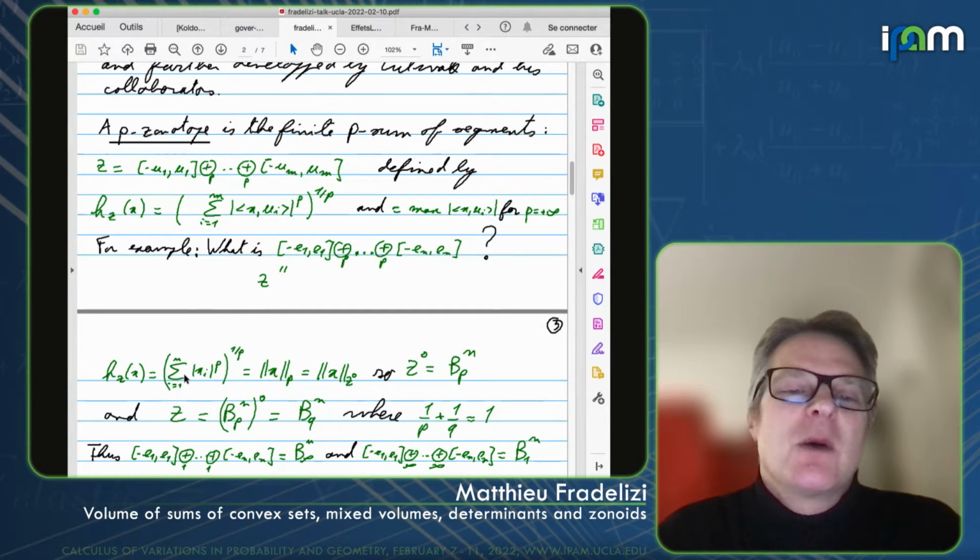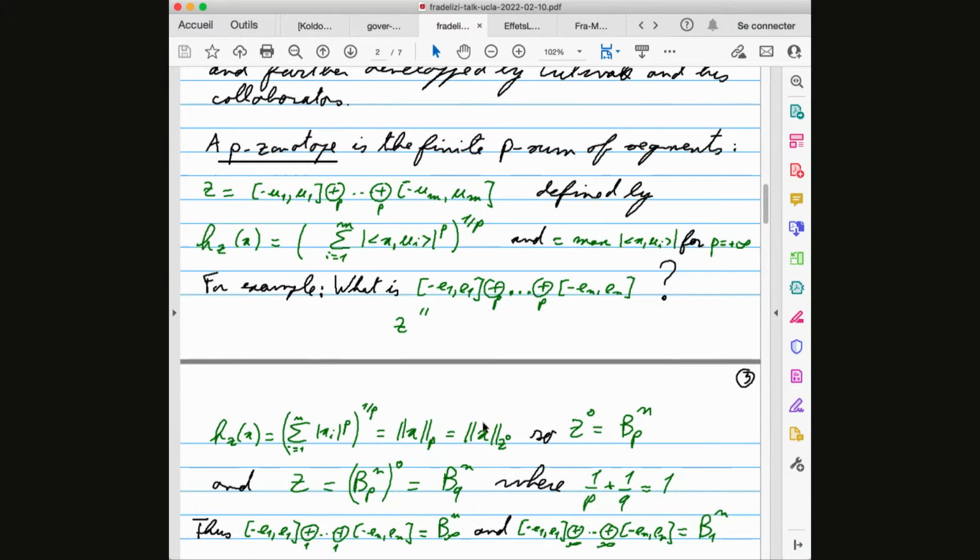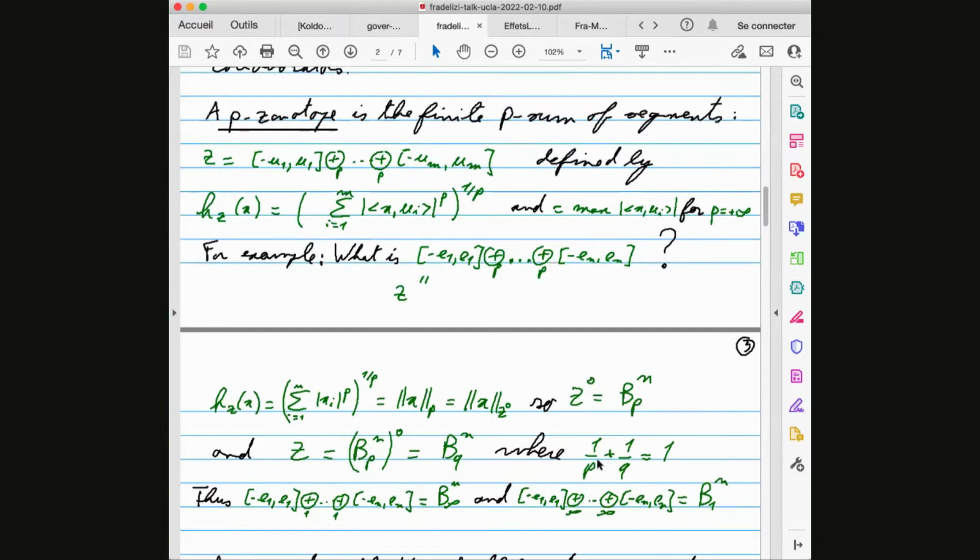So this is a p norm, but because it was a support function, this is in fact the norm of the polar. So what you get when you do this p-sum is in fact the polar of the l_p ball B_p^n, which is B_q^n for 1 over p plus 1 over q equals 1. So it's a bit mixed, and you need to be careful when you write these things.